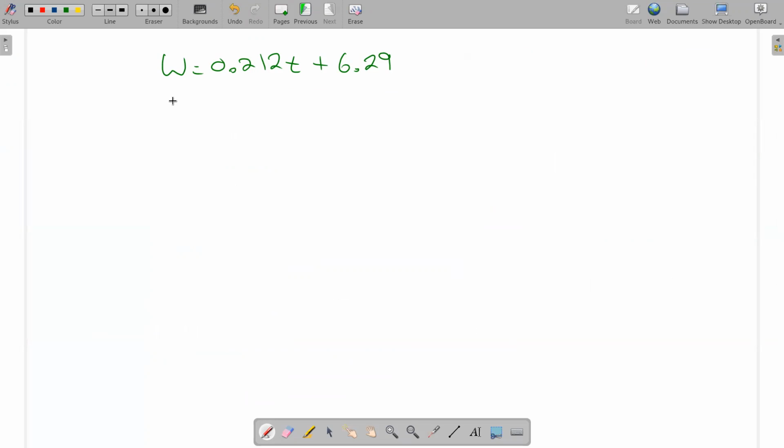And I want to know, when will minimum wage W be 15? So all I have to do is put a 15 there and solve. So 15 equals 0.212 T plus 6.29.